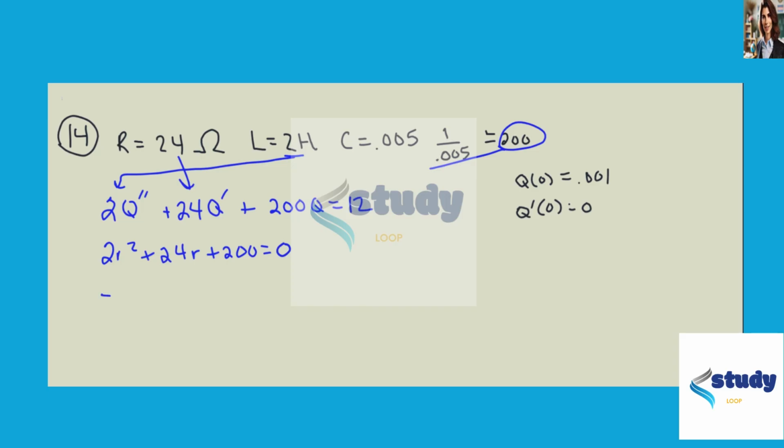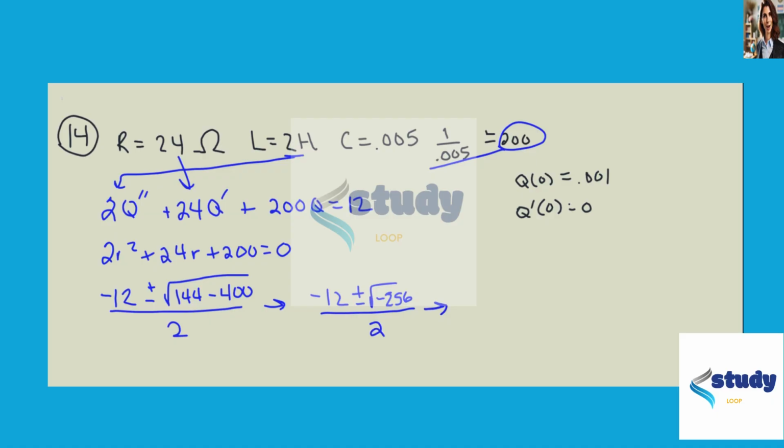Using the quadratic formula, I have negative 12 plus or minus the square root of 144 minus 400 over 2. Therefore, I have negative 12 plus or minus the square root of negative 256 over 2, which is negative 12 plus or minus 16i over 2, which is 6 plus or minus 8i.